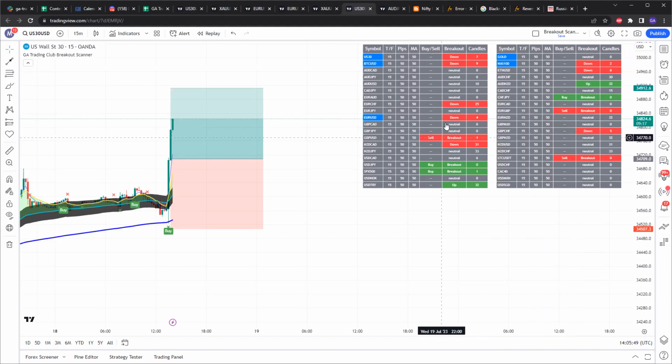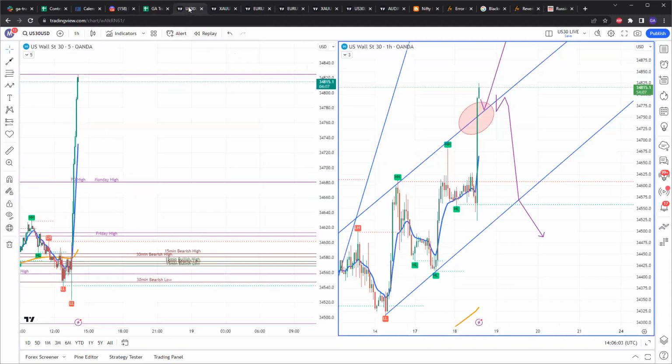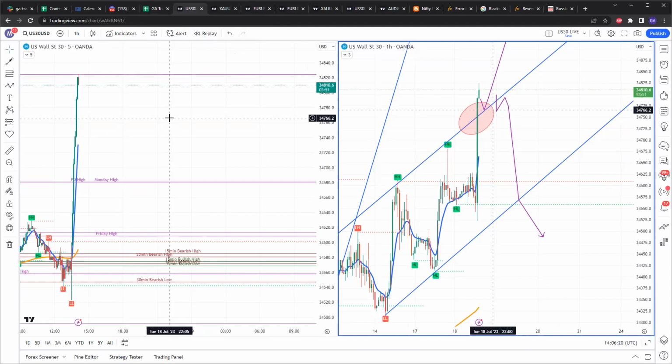So let's see what else is breaking out. You don't think that Ukraine thing is doing that to US 30 either? It should. I forget how US 30 moves in times of uncertainty. Let me look at the journal that I had written. If I'm not wrong, US 30 should be dropping, but let me confirm with the journal.